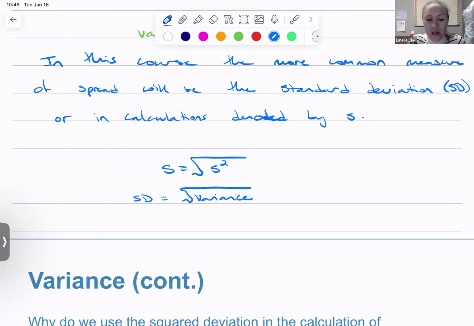So once you have the variance, you can take the square root, and then you have the standard deviation.